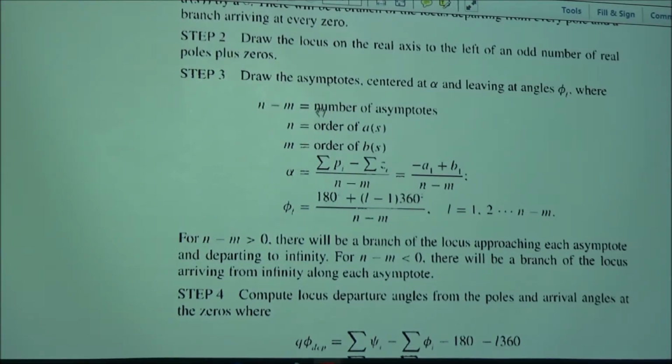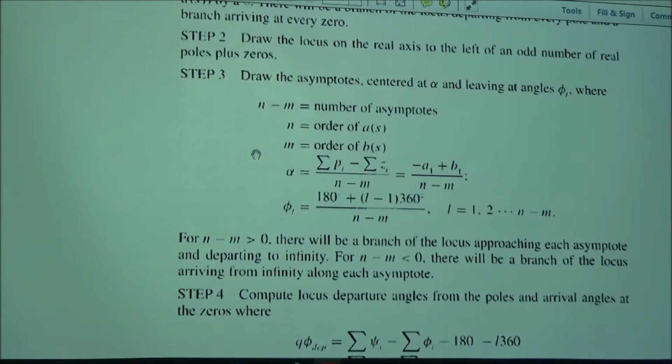One important thing is that if you have an nth order system, that means you have n branches. And if you have m zeros, that means you have m finite zero locations. M of those branches are going to end up at these m zeros.